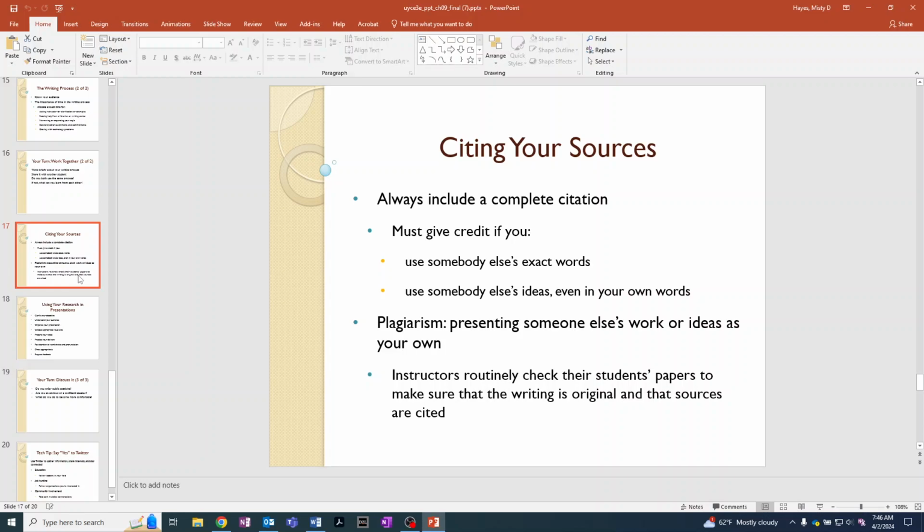sources there. And I'm going to show you in a minute where you can go into the library homepage. But there's a wonderful thing about using a web page tool or a handbook, if you will, that gives you a step-by-step process of how to cite.